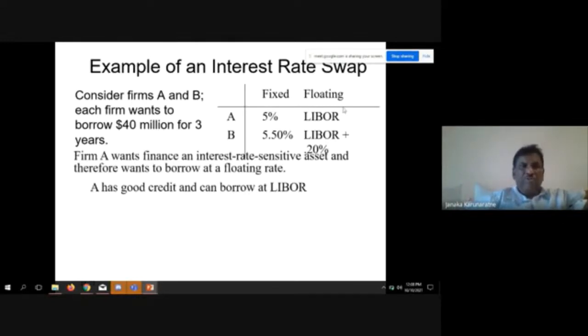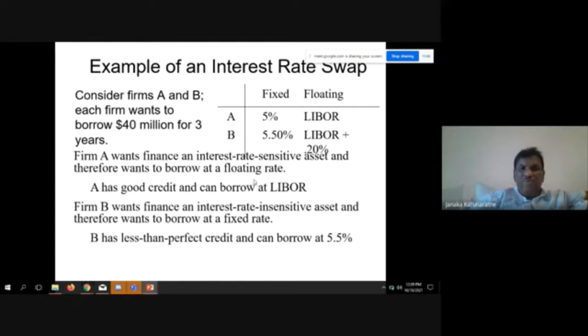Now, firm A wants to finance an interest rate sensitive asset and therefore wants to borrow at a floating rate. So they want to borrow in the floating rate market. A has good credit and can borrow at LIBOR.